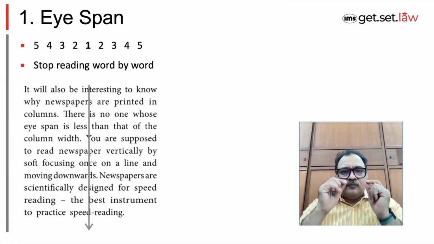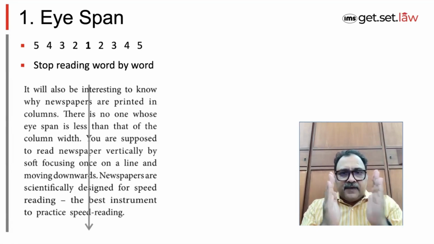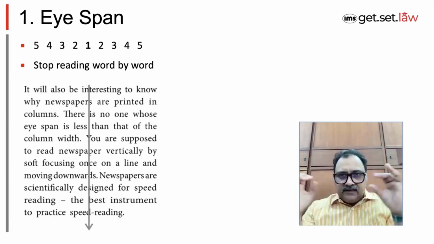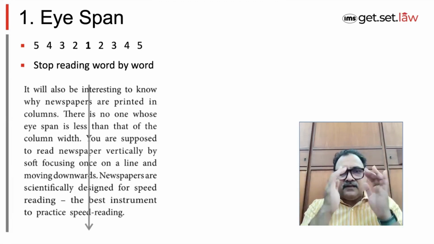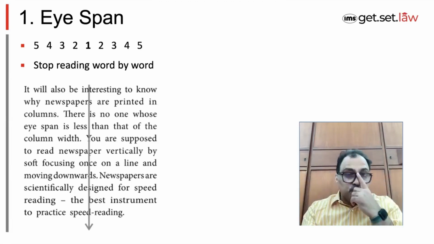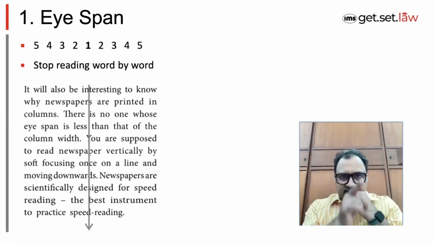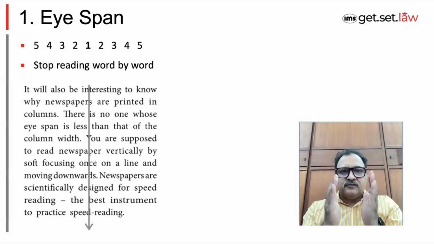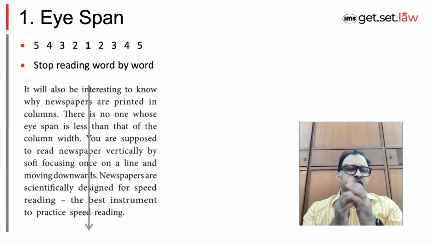And they do so by narrowing the span in which you have to read. If the span is very wide, you go like this. If the span is very narrow, you read from top to bottom rather than side to side. So work on your eye span.